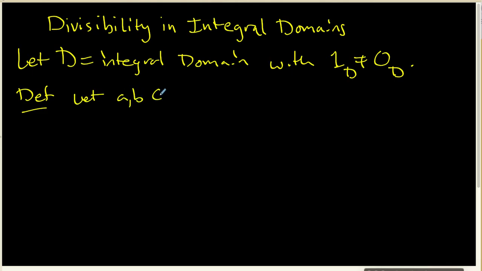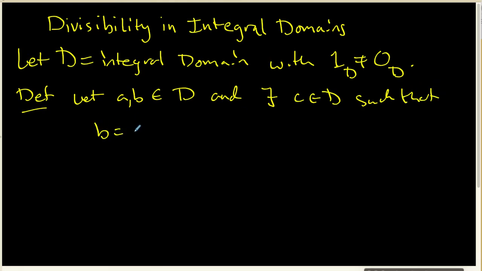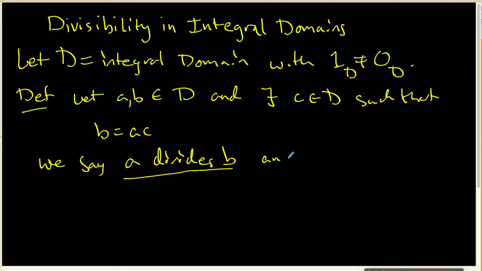We're going to start with a basic definition. If A and B are elements of D, and there exists a C inside D such that B is equal to A times C, we say that A divides B, and we write A divides B this way.